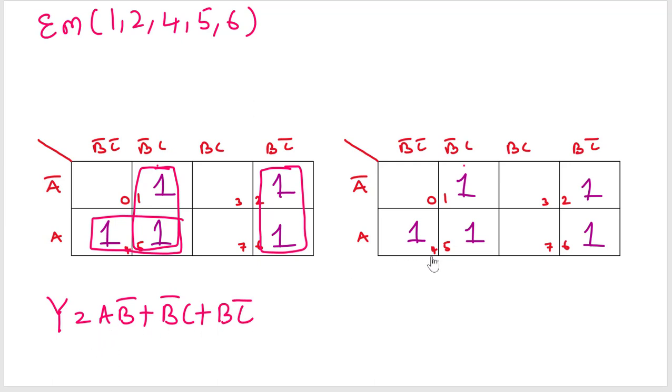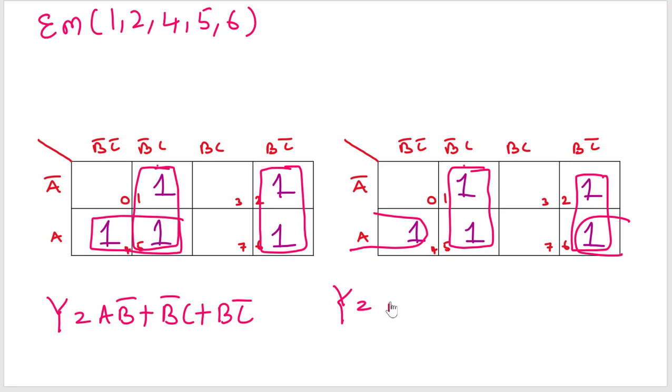For the same K-map we are going to have a different pair formation. We'll see this one and this one as one pair, and these two ones can form a pair, and these two ones can form a pair. If you write the output expression in this case, for this pair A of C bar, this will be B bar C, and this will be BC bar.